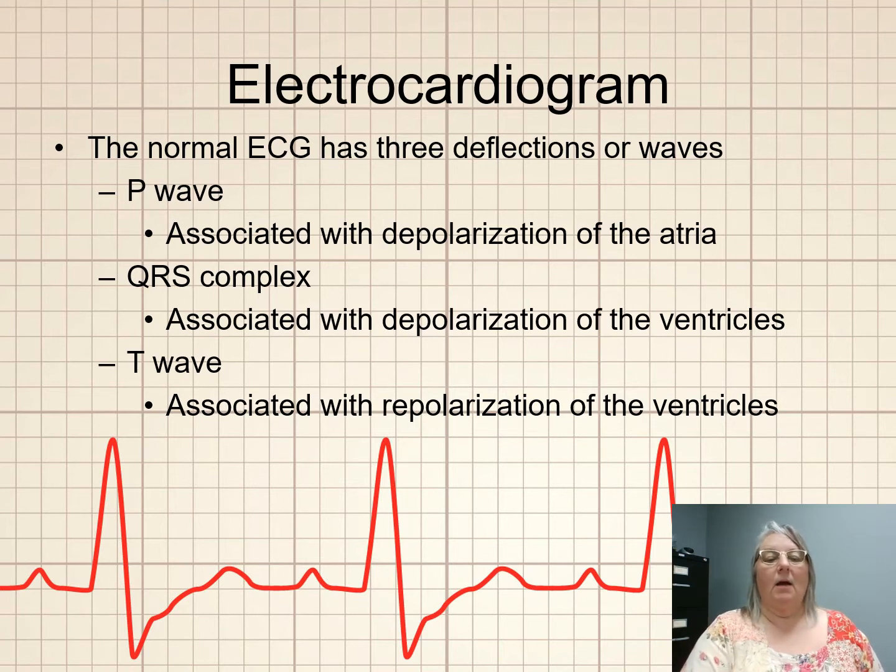The QRS is associated with the depolarization of the ventricles. And a T wave is the repolarization. And you'll go, well, doesn't the atria repolarize? Yes, it does, but the QRS complex hides it.